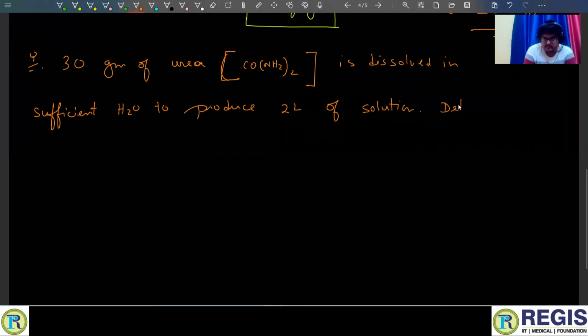Now determine, first, what will be the weight by volume percentage. Second, what will be the molarity. Solve it quickly.